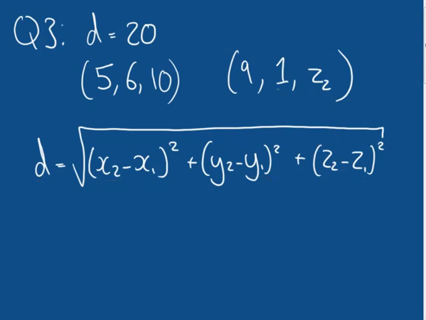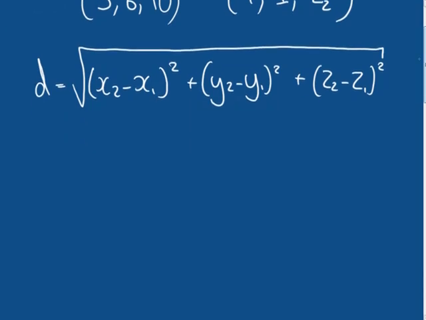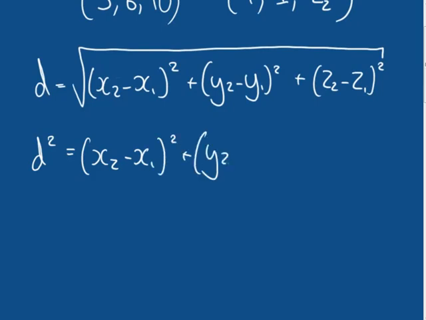So what we need to do to solve for z2 is rearrange this equation. The first thing, if I'm trying to get z2 on its own, is to get rid of this overall square root. I can do that by squaring d. So d squared is equal to (x2 minus x1) squared plus (y2 minus y1) squared plus (z2 minus z1) squared.